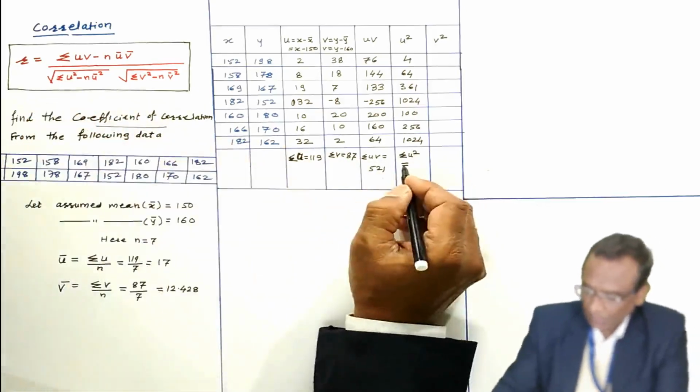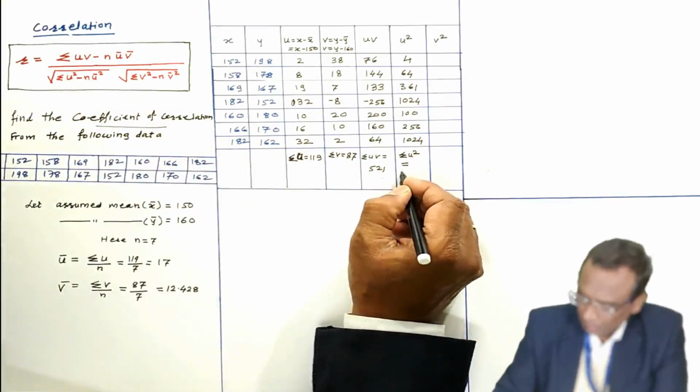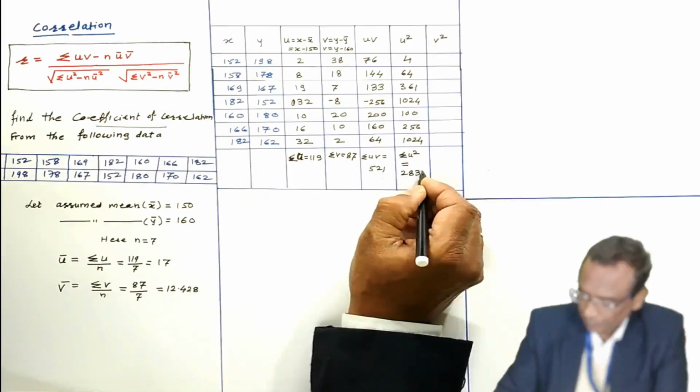The summation of u square, directly writing, is 2833. This is the sum of all.